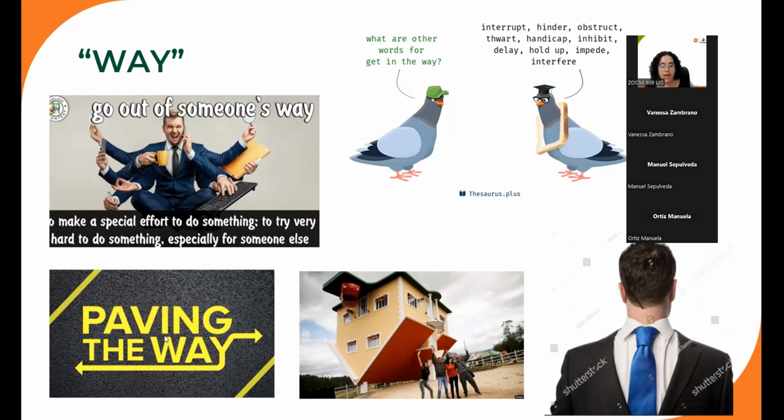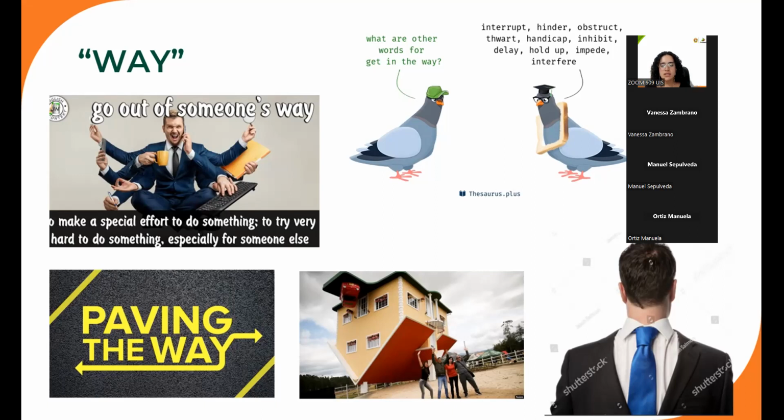In English, pave is like cemento or pavimento, pave. So it means to make the things, the process easier for others, okay? This sentence is not literal, esta frase no es literal. Paving the way is more like to make things easier or the process easier for other people. Okay, you are paving the way.